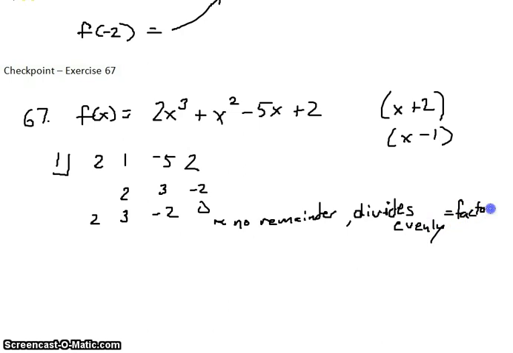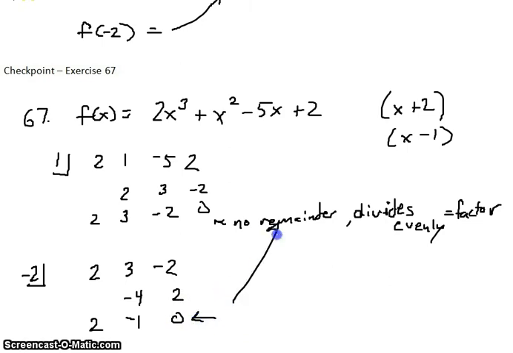So now we know one factor, so I'm going to divide a little bit further. I'm going to divide by the next thing, but I'm only going to deal with the part that's remaining, this negative 2. Let's see what happens. Again, we get a remainder of 0. No remainder, divides evenly, it's a factor.